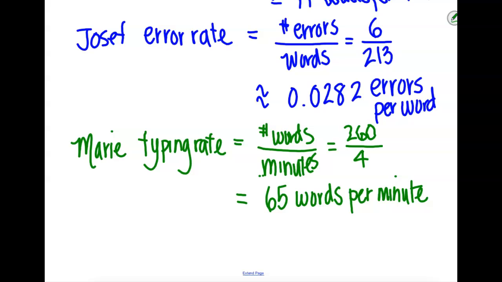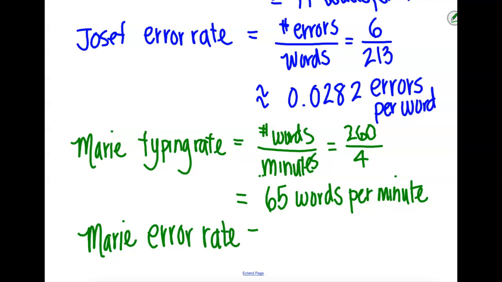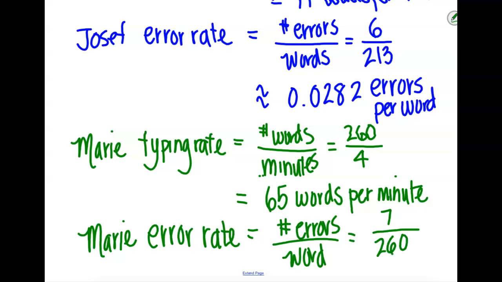All right. The second rate is Marie's errors. So her error rate is the number of errors over the number of words she typed. So she had 7 errors and she typed 260 words.